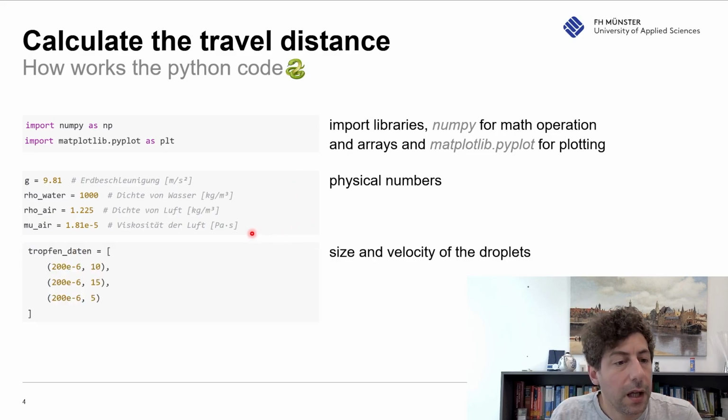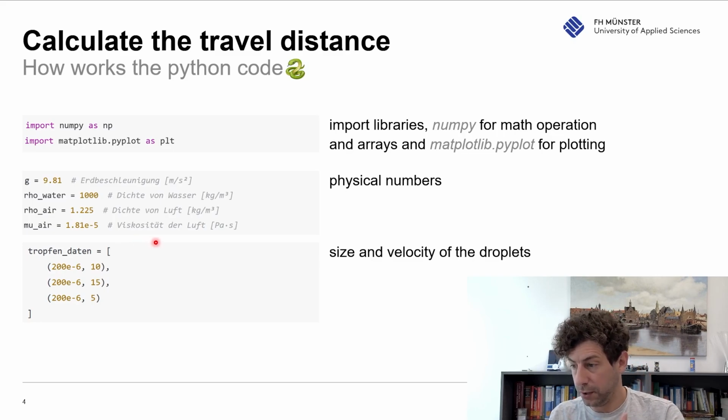Then we also need some data for the droplet. I want to calculate 3 droplets to see some difference. So I assume that I have 3 droplets, and here all have the same size, 200 micrometers, but each of them has a different starting velocity. So this is the diameter, 200 micrometers, so 200 times 10 to the power minus 6 meter.